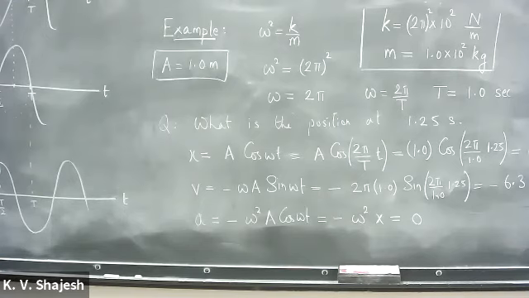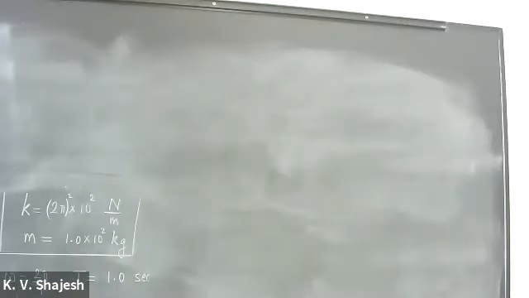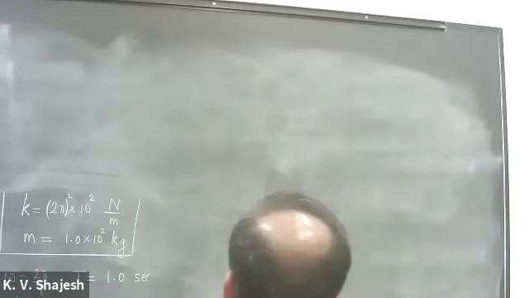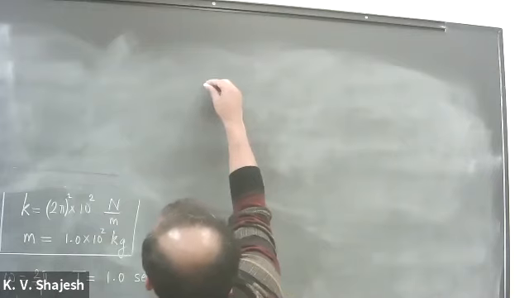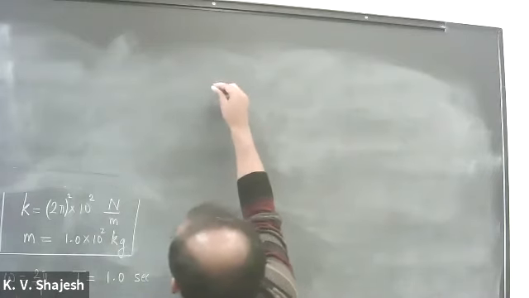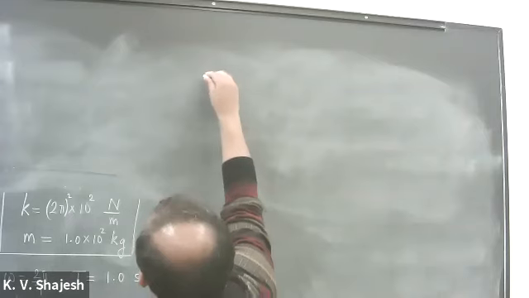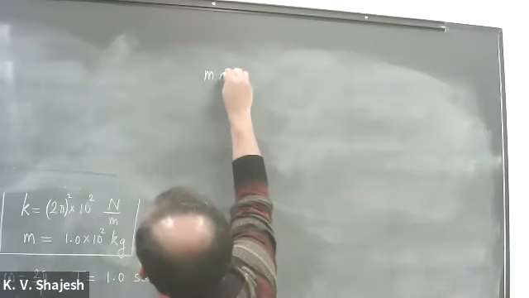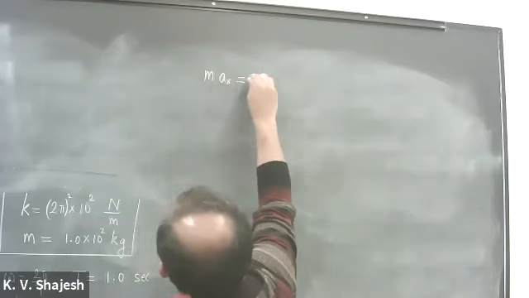But there is one property that is very interesting in this, and that is obtained by actually doing the conservation of energy principle in here. So let's investigate what happens to the energy in this scenario. We have position, velocity, and acceleration. So let's talk about energy. Remember, what's happening here is mass times acceleration in the x direction is minus kx.